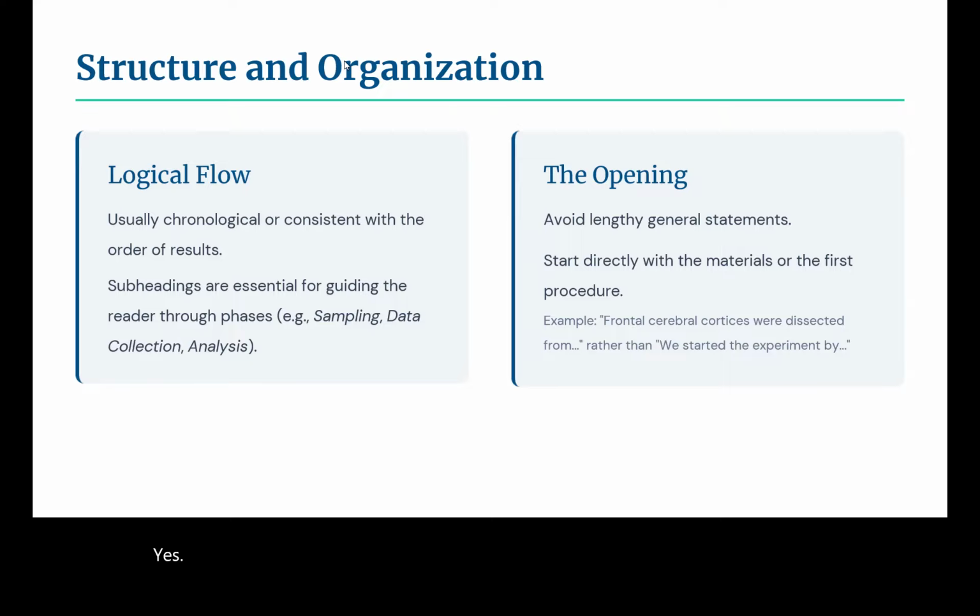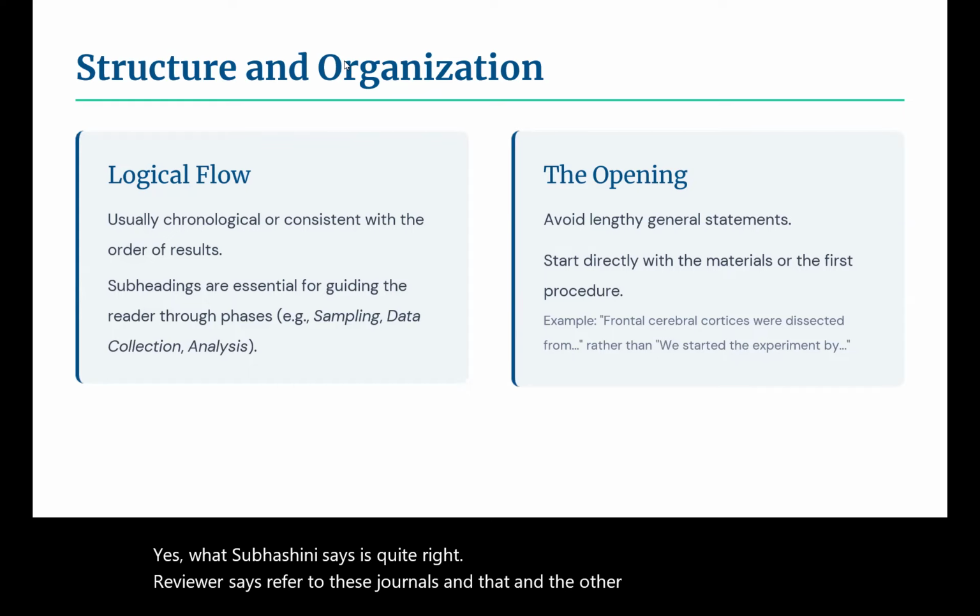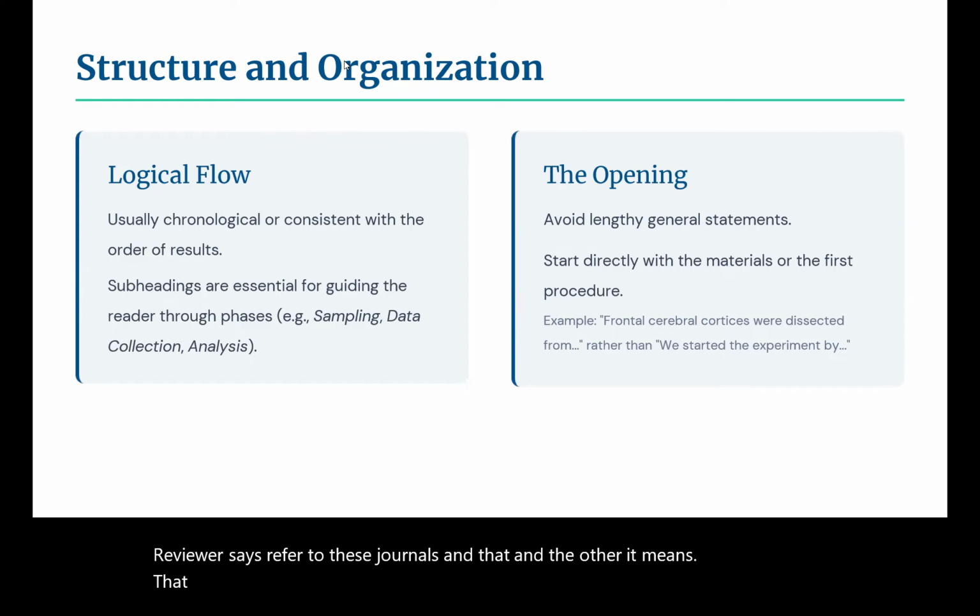Yes, what Subhashini says is quite right. When your reviewer says, refer to these journals and that and the other, it means that your methodology has not been substantially justified by looking at where other researchers are presently engaged.